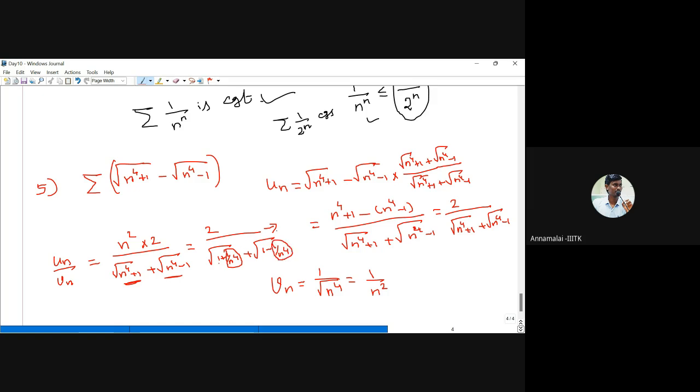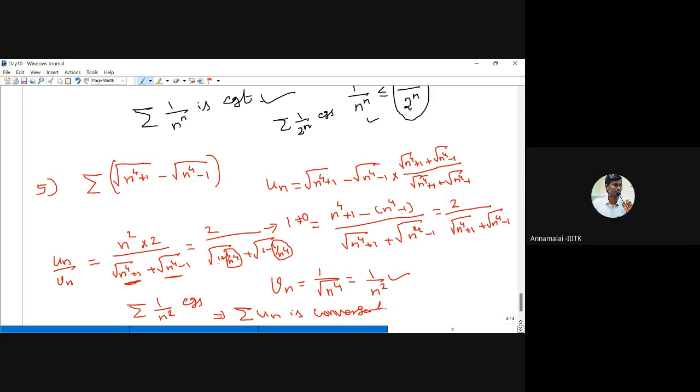Already in the numerator we have 2, so it cancels and we have 1. Since the limit of the quotient is a non-zero number, both series have identical behavior. Now we know that summation 1 by n square is convergent because here p is 2. Since this converges, the given series summation un also converges.